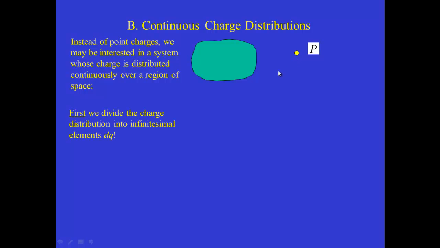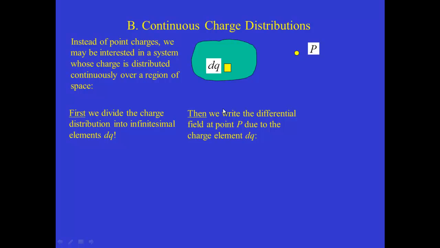Well, first, since we have a continuous distribution and we already know how to deal mathematically with point charges, let's divide the charge distribution into infinitesimal elements, dq, here indicated by a little square. Next, we can use our knowledge of the definition of the electric field to write the differential electric field at point P due to the differential charge element dq.